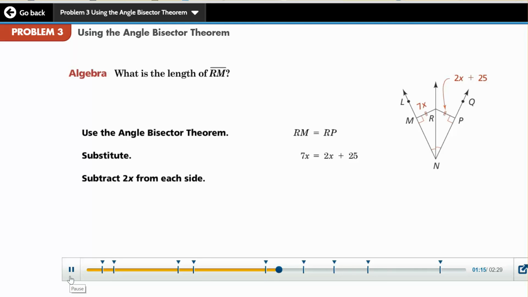Subtract 2 times x from each side of the equation. Divide each side of the equation by 5.